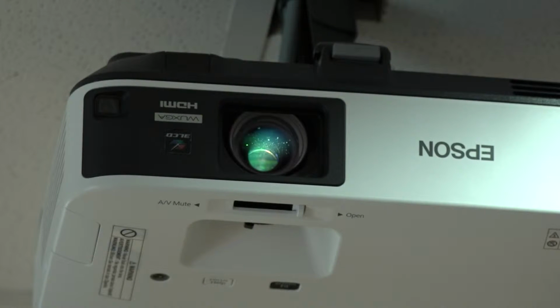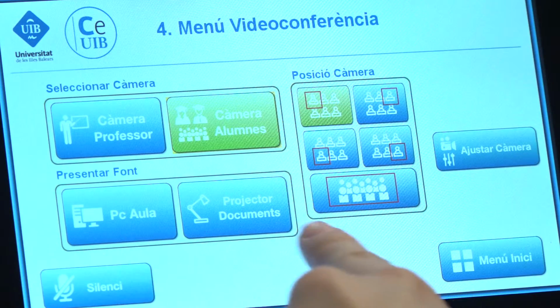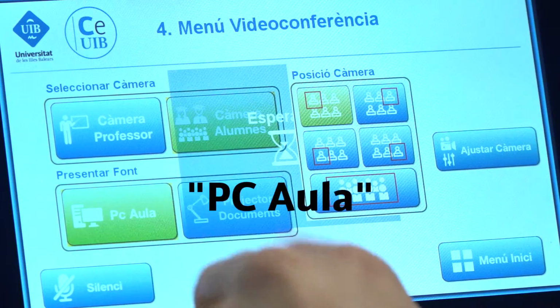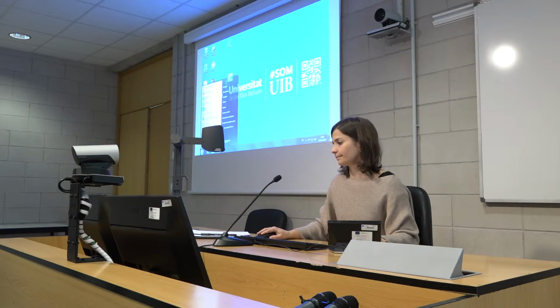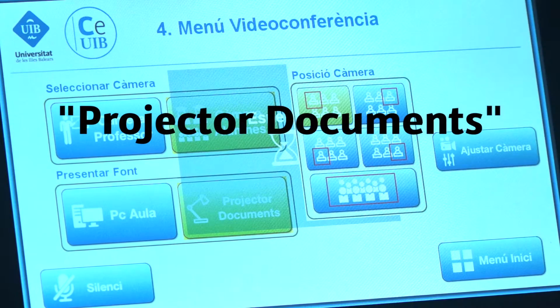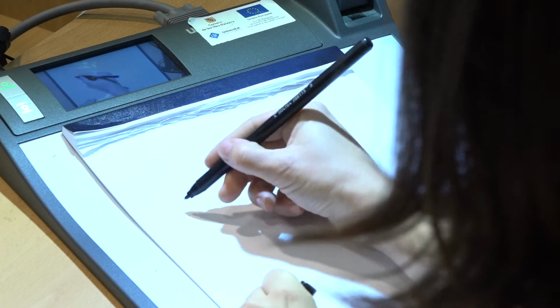Once you start the class, you can project images from one additional input through the video conference broadcast. For example, you could show a duplicate of your computer screen or project a slideshow. You can also use the document camera to show paper documents, objects, or how to write something by hand.